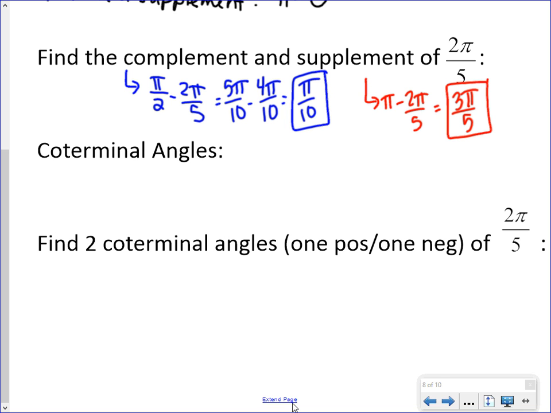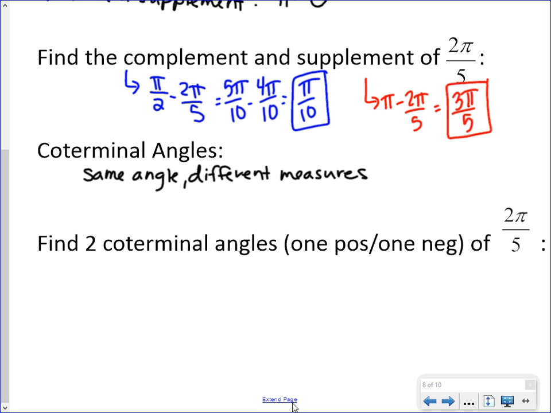They're essentially the same angle, but they might just go out the whole circle. So I'm going to say same angle, different measures.